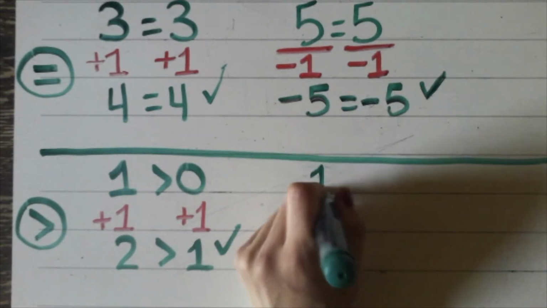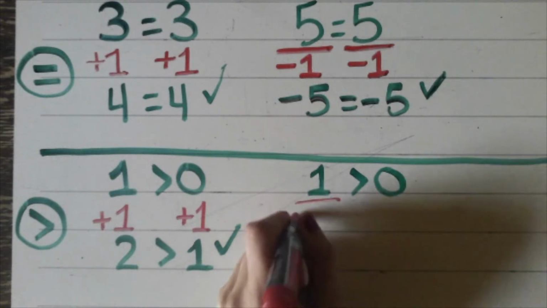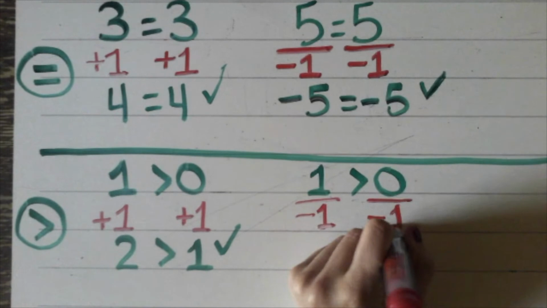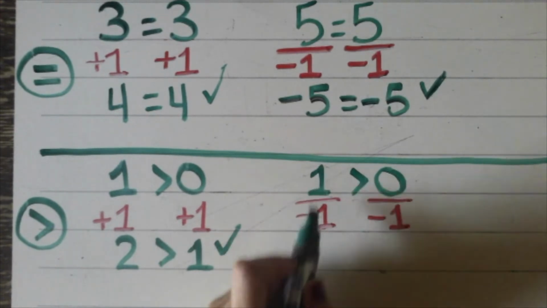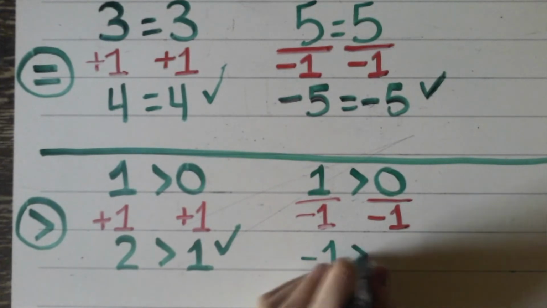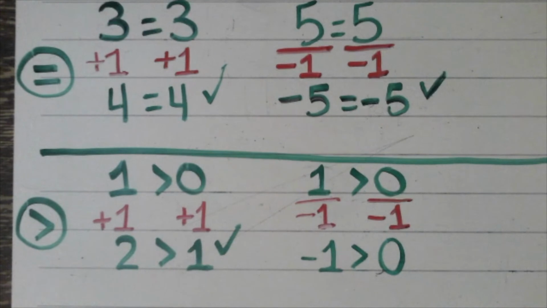But let's see what happens when we divide by negative 1. Well, 1 divided by negative 1 is negative 1. And 0 divided by negative 1 is 0. But hold on, negative 1 is greater than 0. That's just not true. What happened?